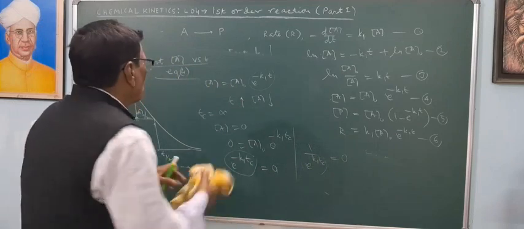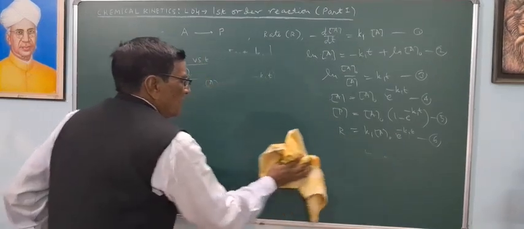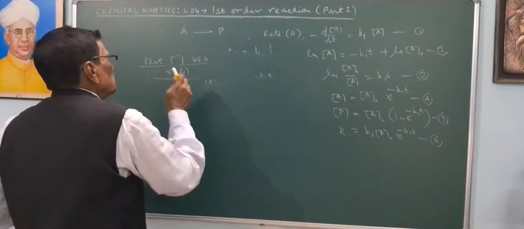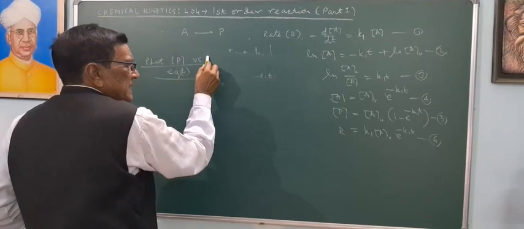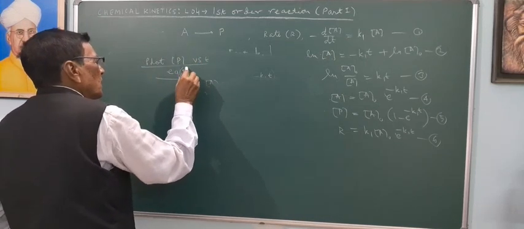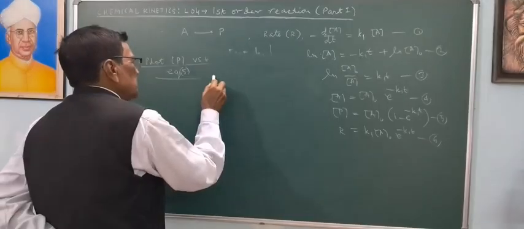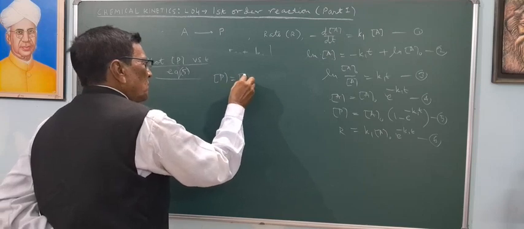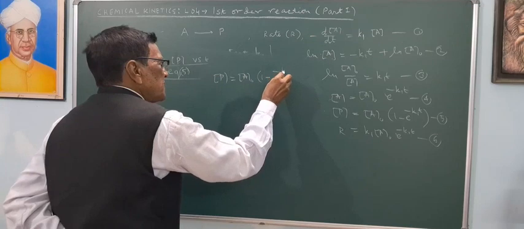Further, we can also draw the plot of concentration of P versus T by equation 5. The equation is the concentration of P equals concentration of A naught into 1 minus e to the power minus K1T.